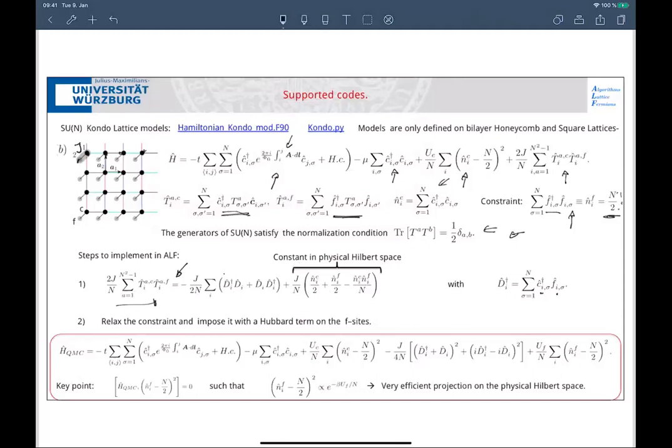And actually then what goes into the ALF, this is the Hamiltonian we actually solve. We have our hopping, we have our chemical potential just on the Cs. We have now this, the same one as this one here, but we add here U_F on the F sites. And this is essentially this term, but which I wrote as a perfect square.